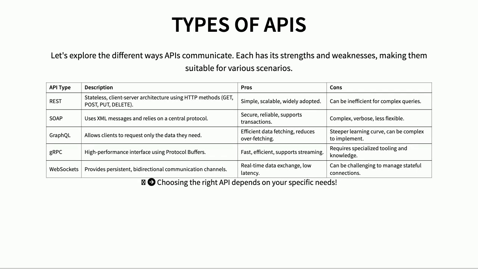Okay, let's dive into the different types of APIs you'll encounter as an API developer. We have a few major players: REST, SOAP, GraphQL, gRPC, and WebSockets. REST is probably the most common. It's stateless, meaning each request contains all the information needed to be understood. It uses standard HTTP methods like GET, POST, PUT, and DELETE. SOAP is an older technology that relies on XML messaging and a defined protocol, offering strong security and transaction support, but can be quite complex.